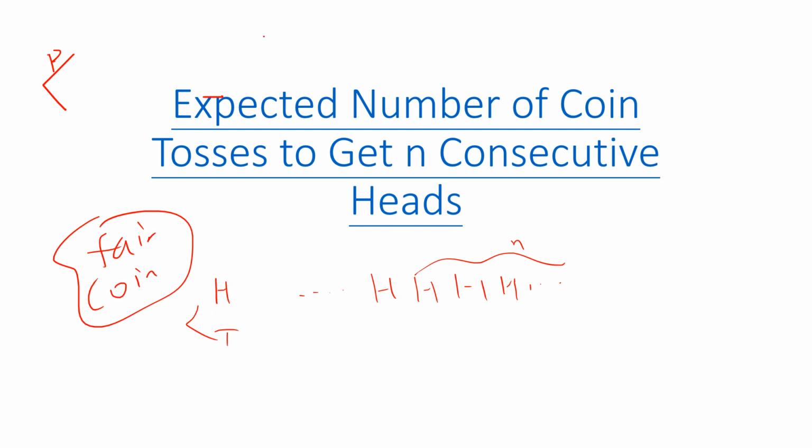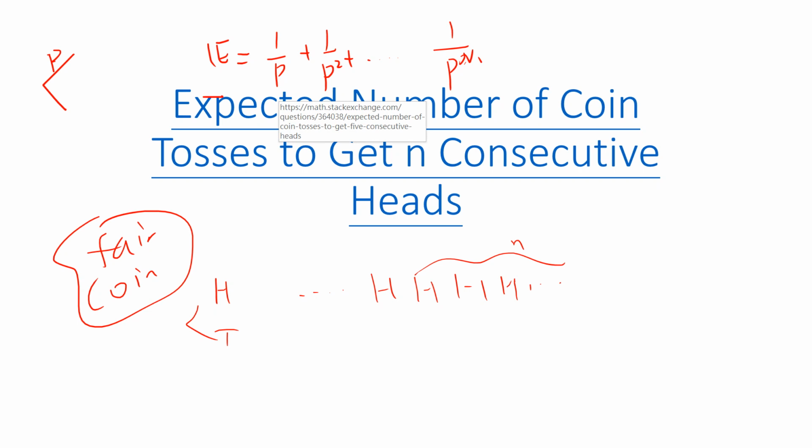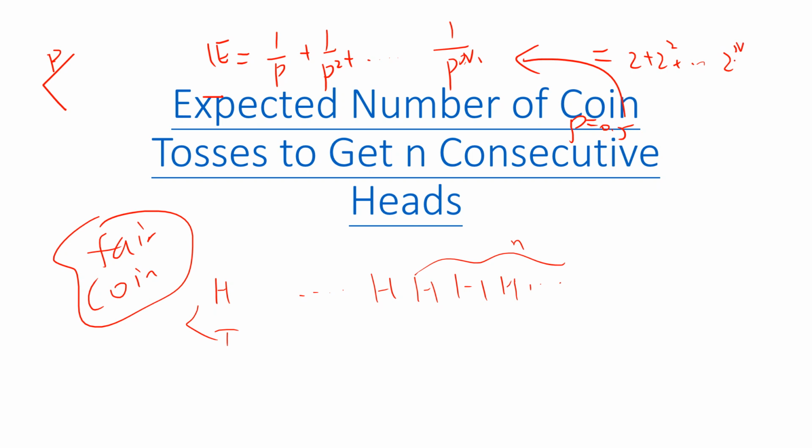And you can use the same method to prove that the expectation value is 1 over p, plus 1 over p squared, up to 1 over p to the n. So this is the general result for p. If you plug in p equals a half, then basically you can get 2 plus 2 squared up to 2 to the n, and then you can use the geometric series to prove this is the result.